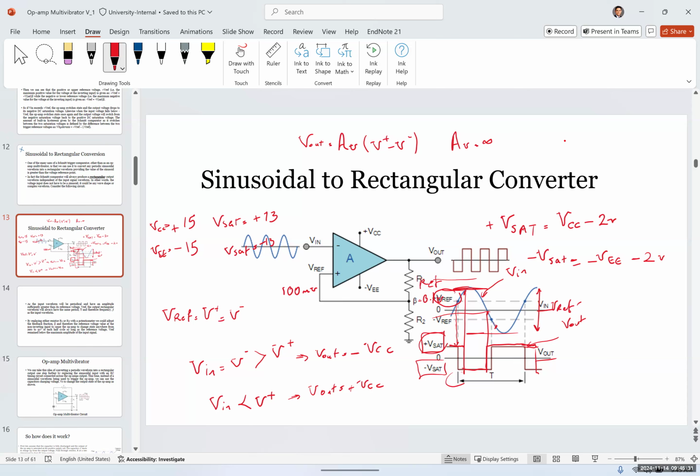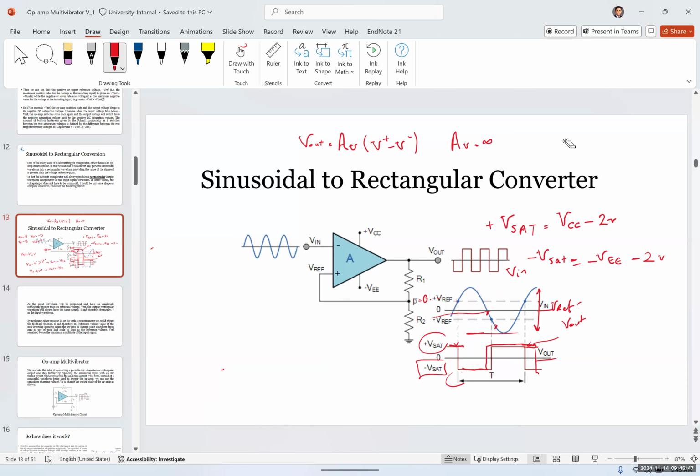So most of the time we don't have access to an input sinusoid voltage like we have here, the Vn. Another way to create a pulsating DC or a rectangular signal without having this Vn is that we can simply replace this Vn with an RC circuit.